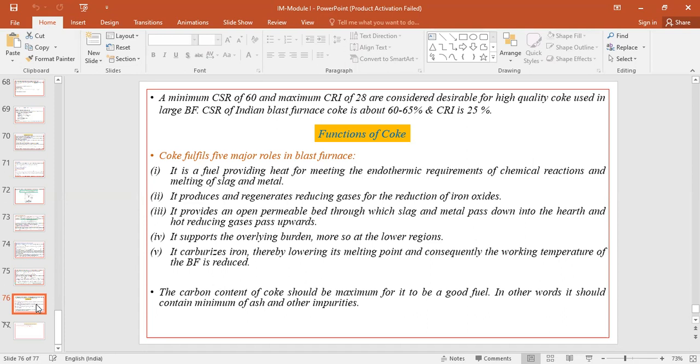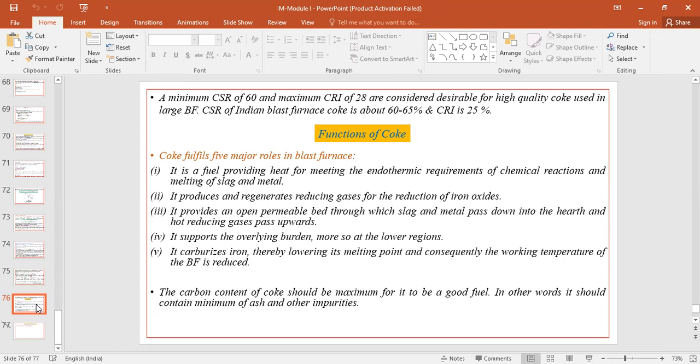We also discussed how the coke is prepared through the non-recovery coke oven process, as well as the byproduct coke oven process, followed by the various testing we do for the coke before we subject it to the blast furnace.